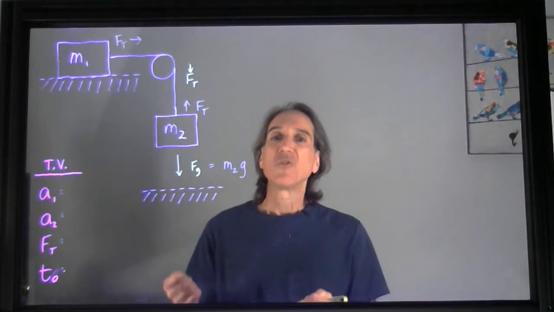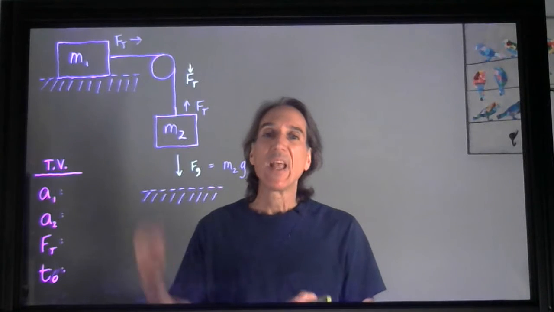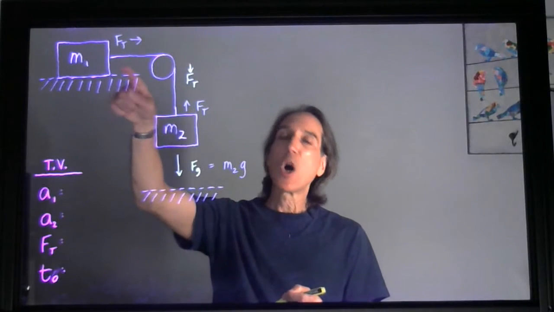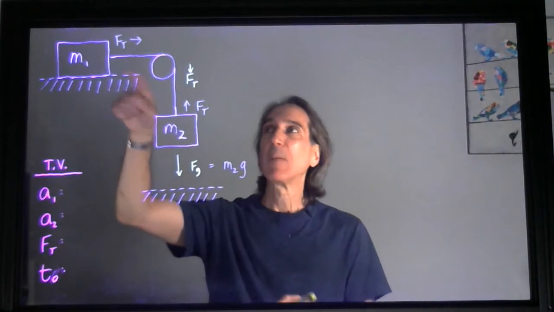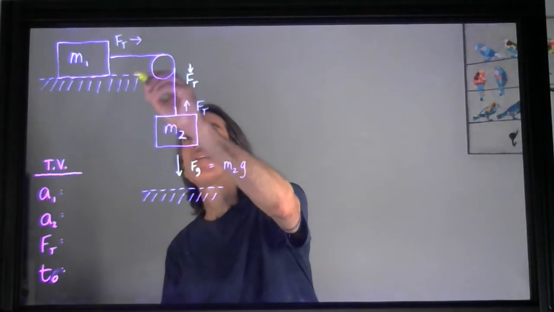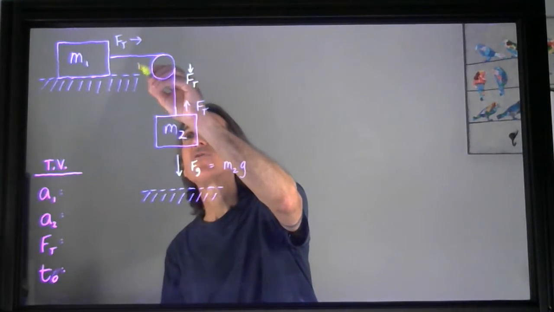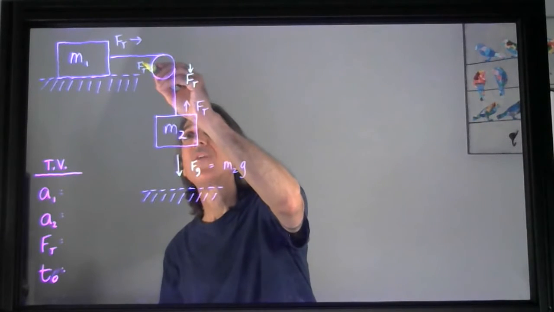For the sake of completeness, Newton's third law applies again, and M1 also exerts a force F sub t on the cable. We'll just put it in there, but this is actually F sub t on the cable.